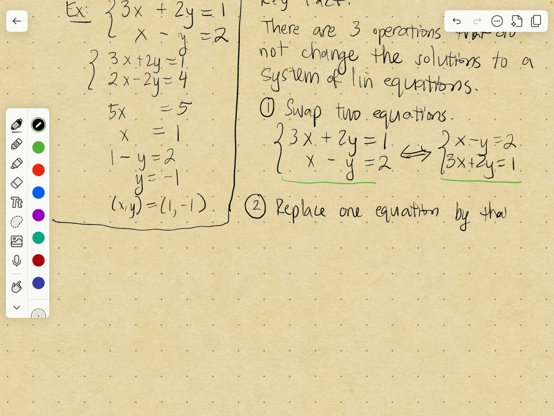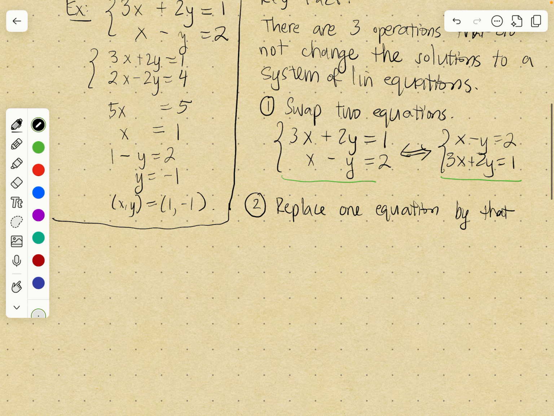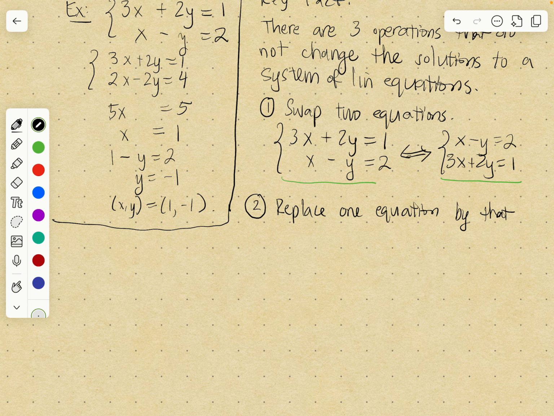So let's just phrase it as: replace one equation by that equation times a non-zero constant.